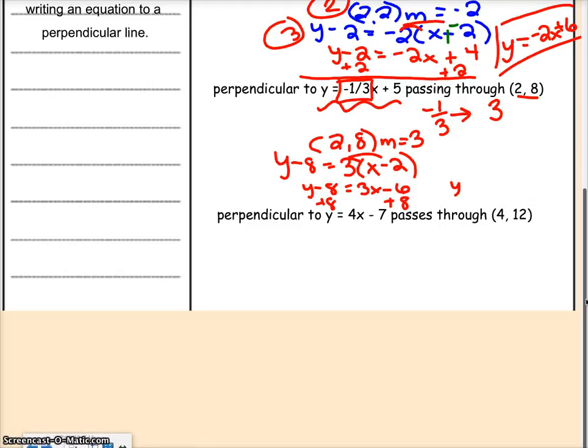So y equals 3x. Do I add or subtract these two? See how they're different? Minus and plus. So I have to actually subtract them. So 8 minus 6 is 2. It would be plus 2. That's the equation of the line that is perpendicular to the line that they gave me. This is fun.